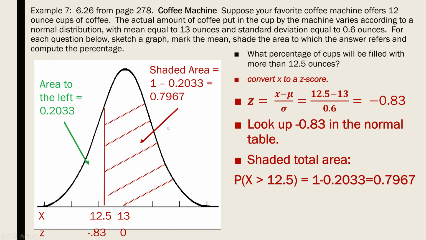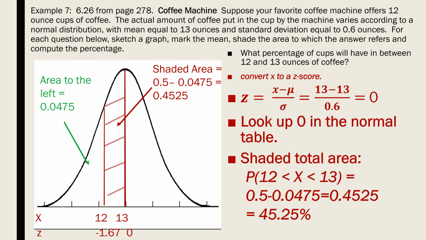So the shaded total area, the probability of x larger than 12.5, equals 79.67%.